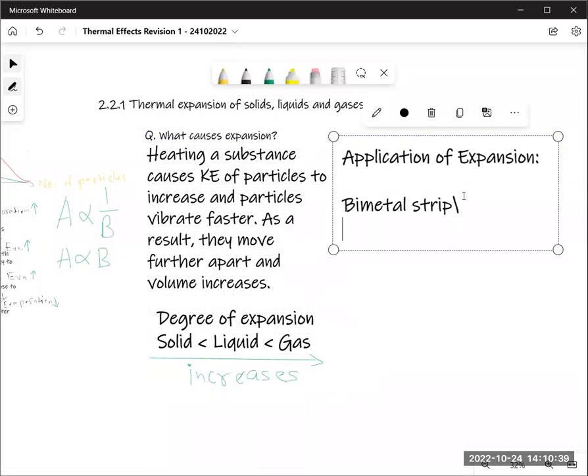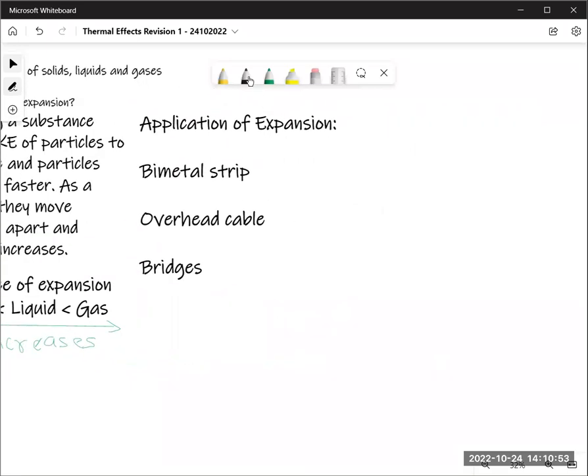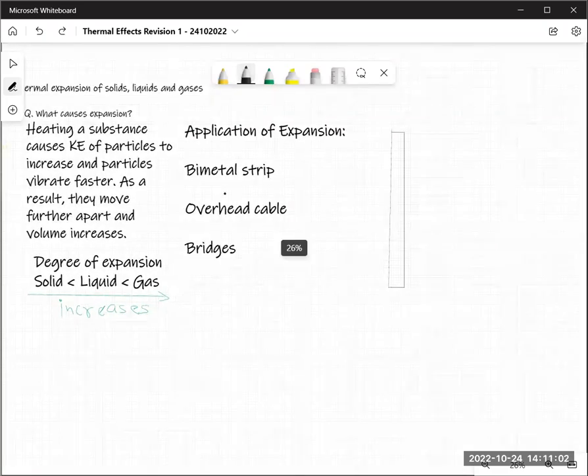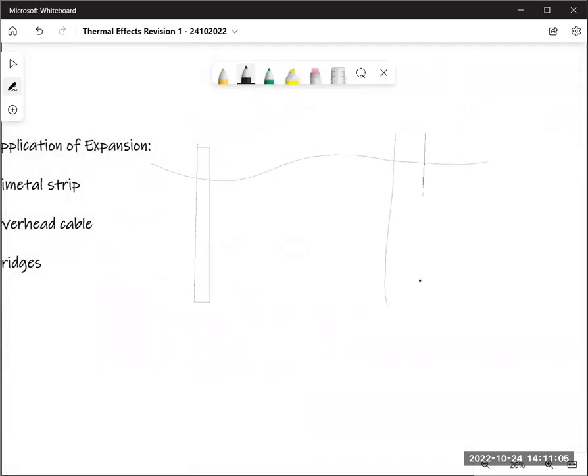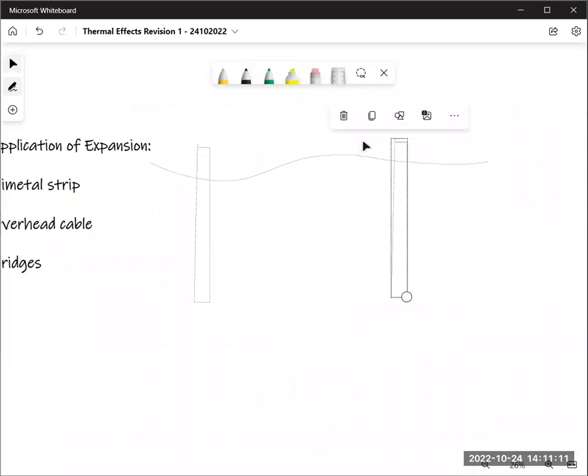The applications are the bimetal strip, overhead cables, and bridges. All of these expand. Have you seen these overhead cables on the street, perhaps? You have these wires going like this. What will happen if these wires become very loose?